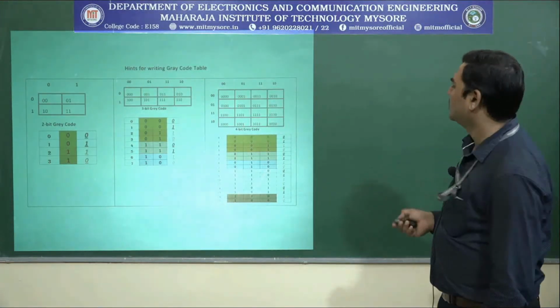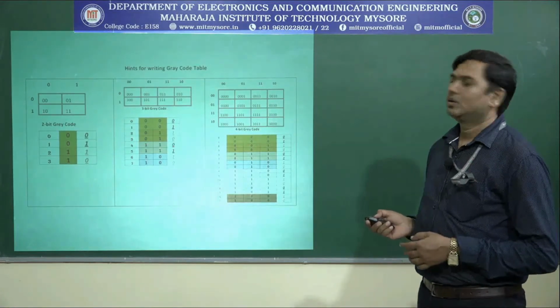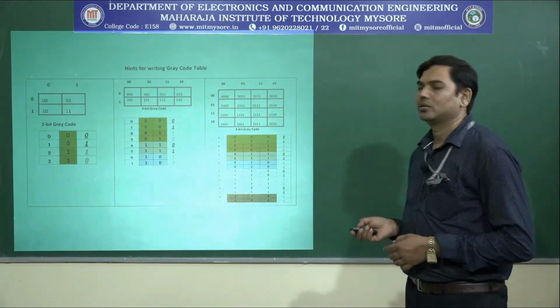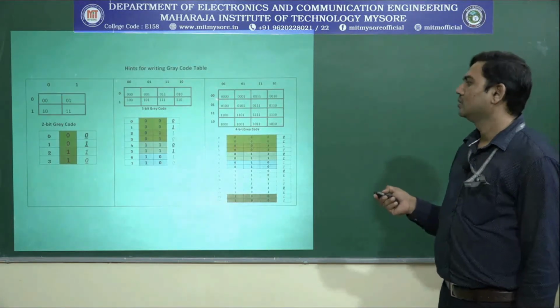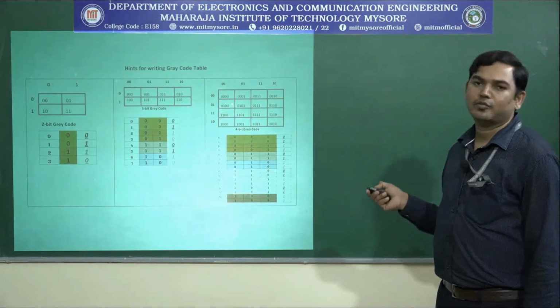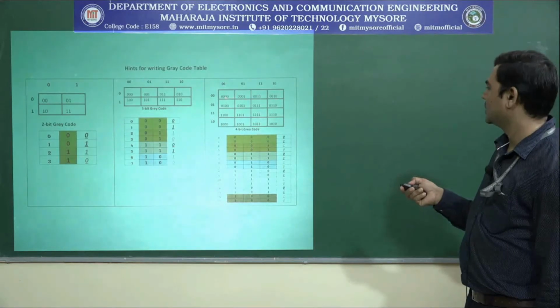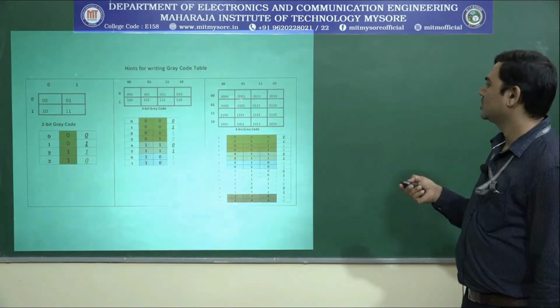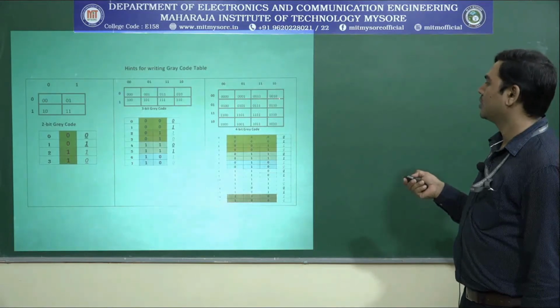If I ask you to write the table of a 4-bit gray code, then you need to write a K-map of 4 variables. It will have 2 power 4, which is 16. Again you traverse from left to right, 0 0 0 0, 0 0 0 1, 0 0 1 1, 0 0 1 0.